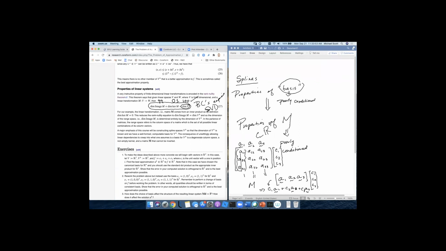Because once you get a hold of this, then it's just, is my problem well posed? If you know you have a basis, then you've got a handle on the right-hand side. If you know your problem is well posed, then you know this is 0. And so then you know exactly what the dimension of the image space should be for your problem. So that's the best way to work.